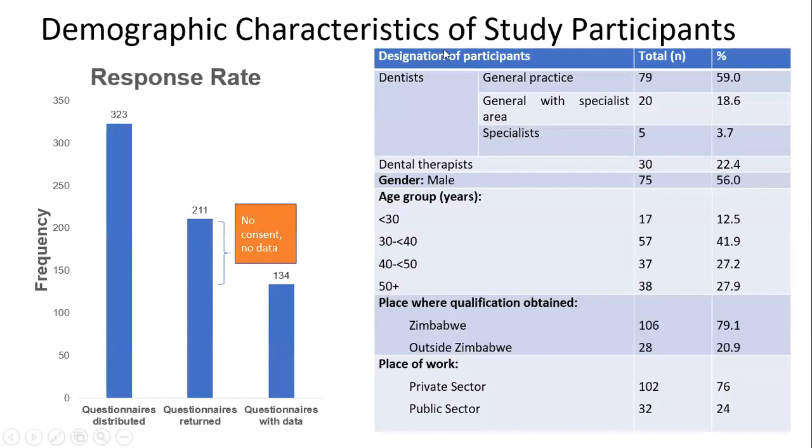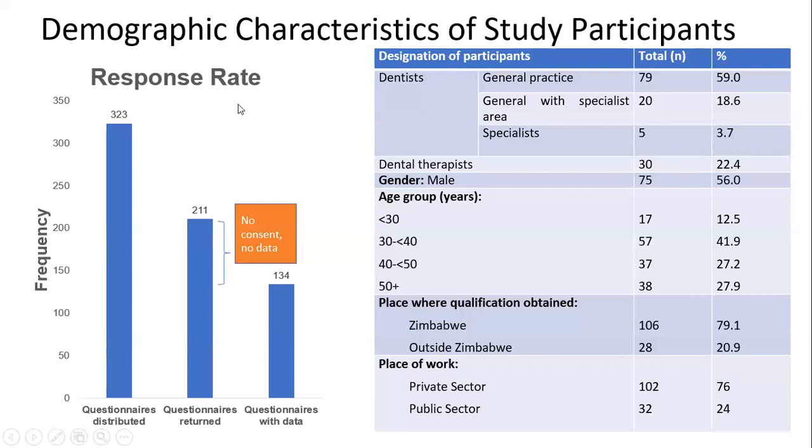In terms of the results, I'll just go briefly into those results. I won't do a very extensive review, just to summarize the key findings there. In terms of demographics, ultimately, we sent out about 323 questionnaires.